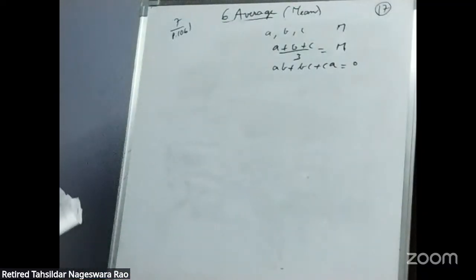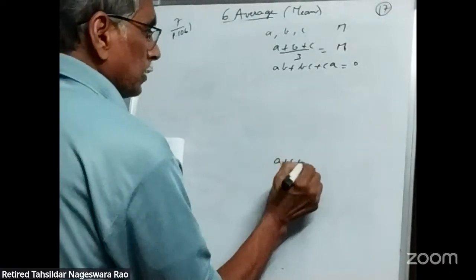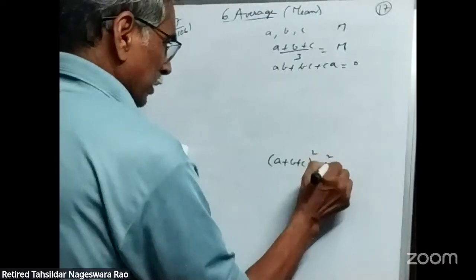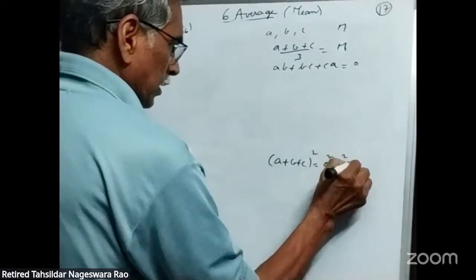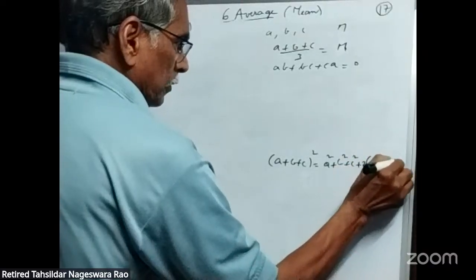From this we can recollect the formula: A plus B plus C whole square is equal to A square plus B square plus C square plus 2 into AB plus BC plus CA.